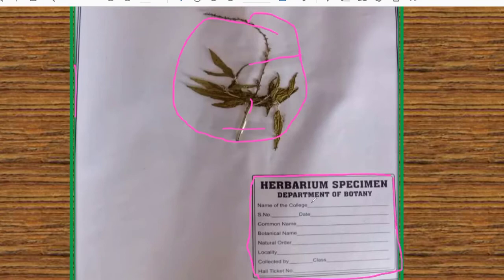We have to write the name of the college and a serial number of that plant. For example, this sheet we kept as number one. Then the date when you collected this twig, and the common name.